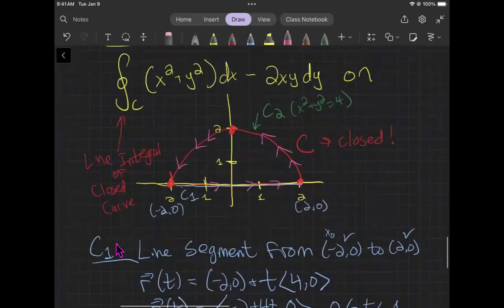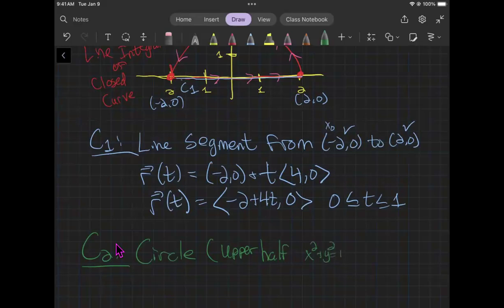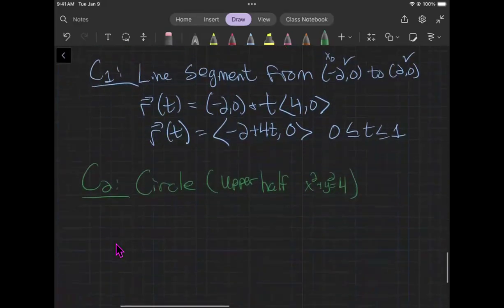C2, on the other hand, is the upper half circle of radius 2, right? So the parameterization of a circle was z naught plus r e to the it. That's how you do the parameterization in complex numbers. It's going to be the same idea for real numbers.